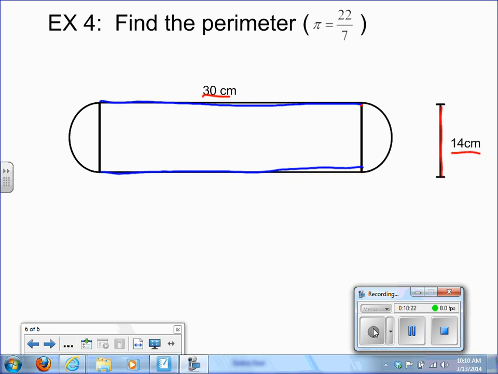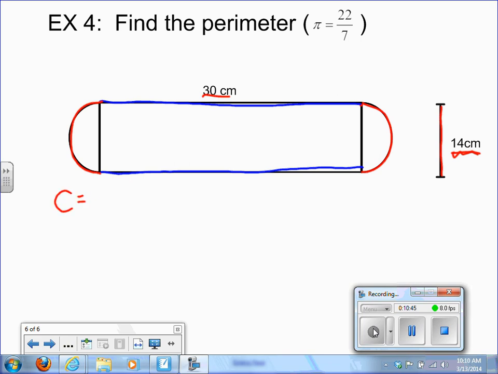Isha, don't tell me the answer, just tell me what shape. You need to add the circumference of a full circle. Good. See how this is a semicircle here, and the other semicircle is here. So together it makes one whole circle with a diameter of what? 14. Right?